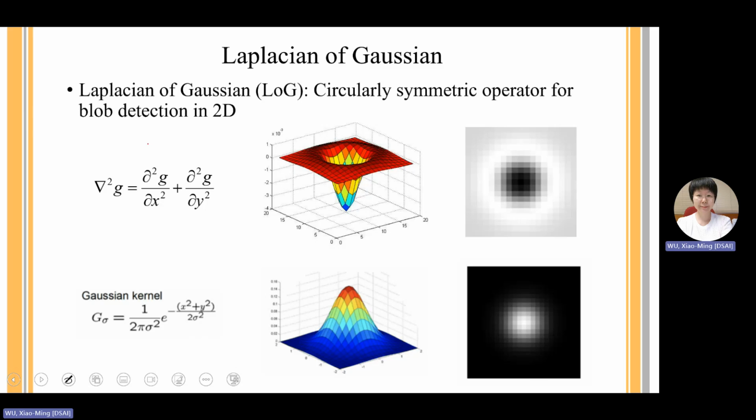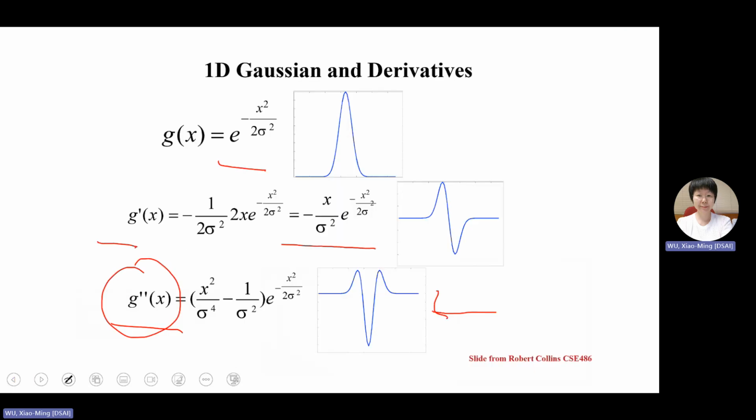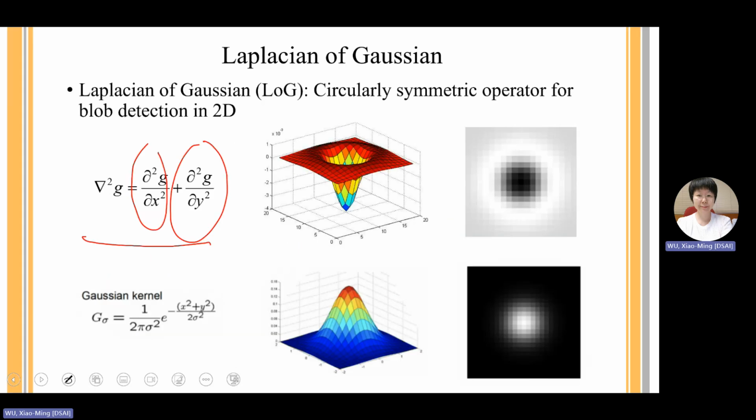The second order derivative of Gaussian is the Laplacian of Gaussian function. Previously we mentioned we need a proper response function, and the Laplacian of Gaussian happens to be a suitable response function.